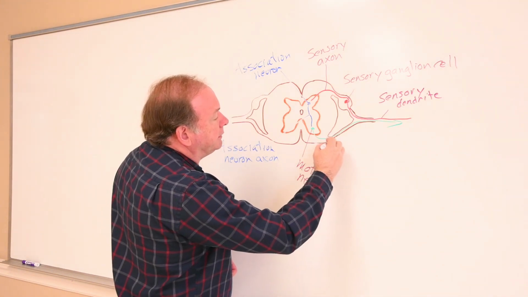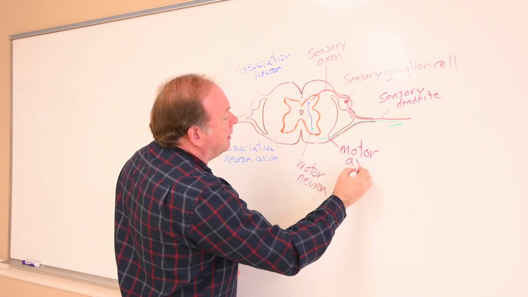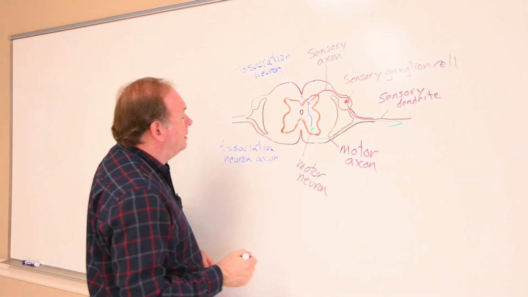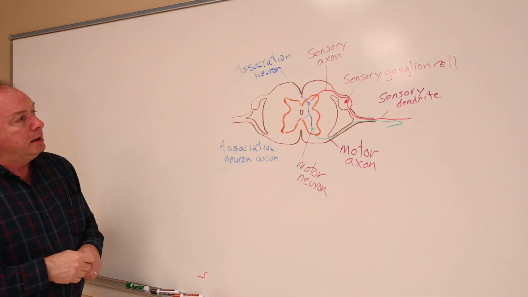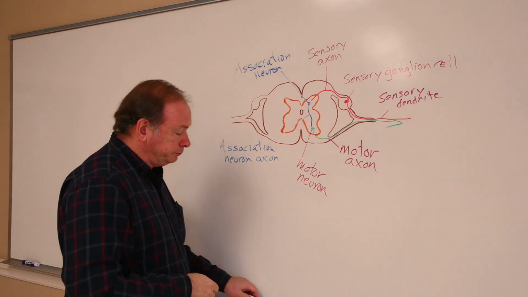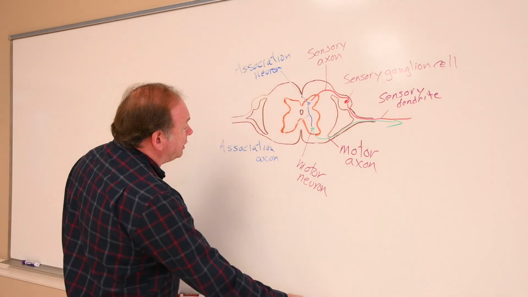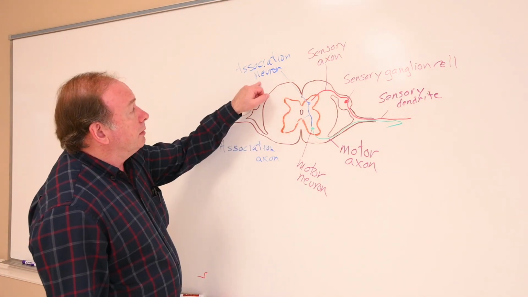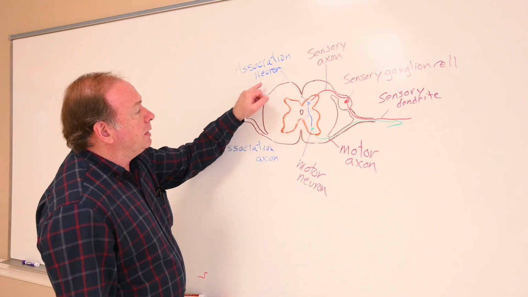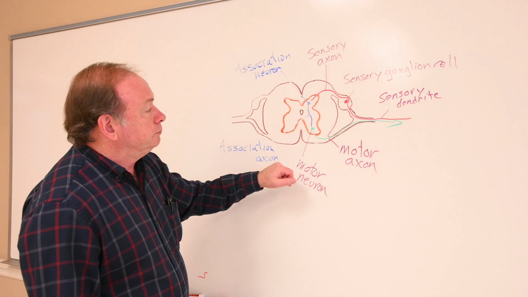This is the motor axon. Probably should take out the word neuron there next to association. But anyway, association axon is associated with the association neuron or accessory neuron.